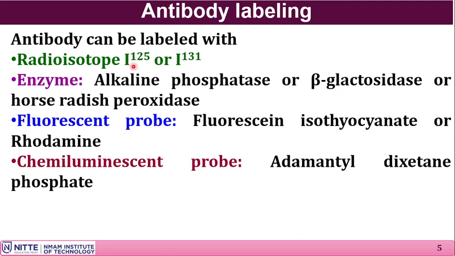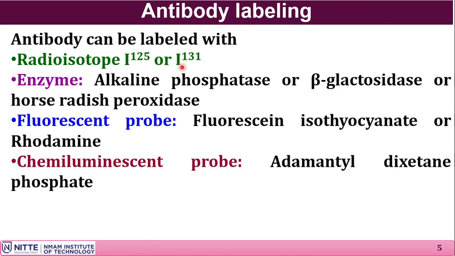Iodine isotope 125 or iodine 131 isotope is used. It is capable of recognizing the tyrosine residues in the antibody and readily binds to the tyrosine residues without any complication.